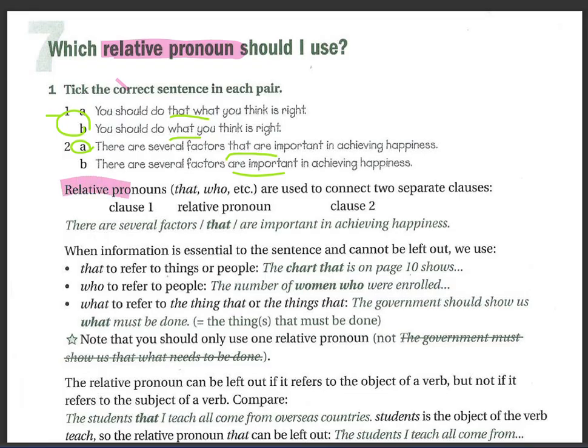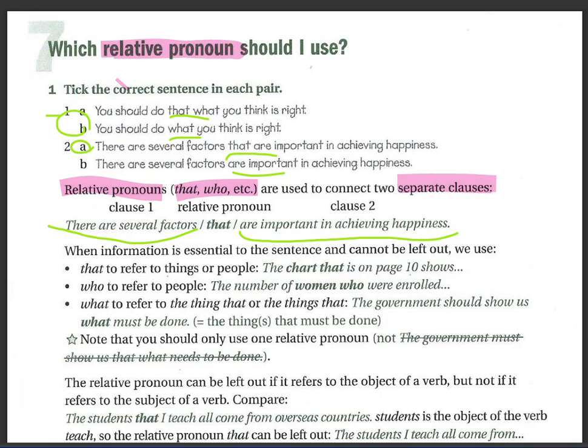Relative pronouns, that, who, etc., are used to connect two separate clauses. So, what does that mean? Look at here. Here is one clause: there are several factors, and here is clause 2: are important in achieving happiness.